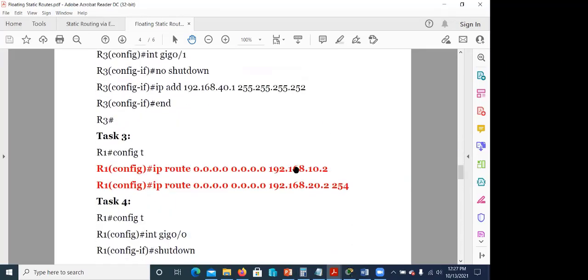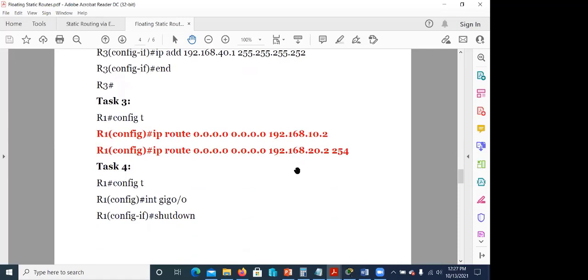What is the maximum assigned value of the administrative distance? You say we can put any number greater than 1, so what is the maximum value that we can assign? Is it 255?